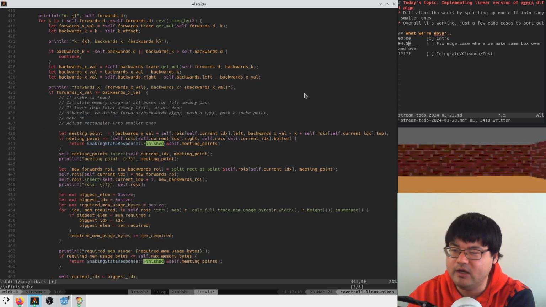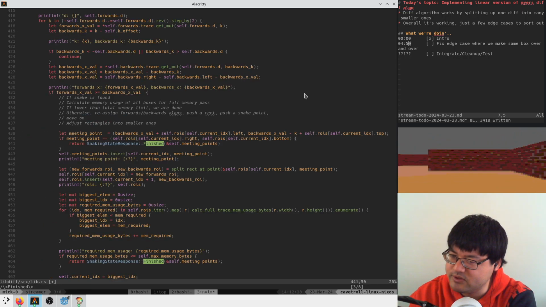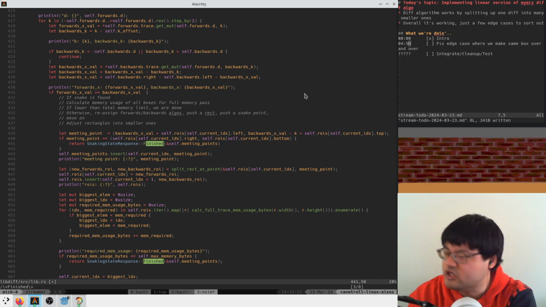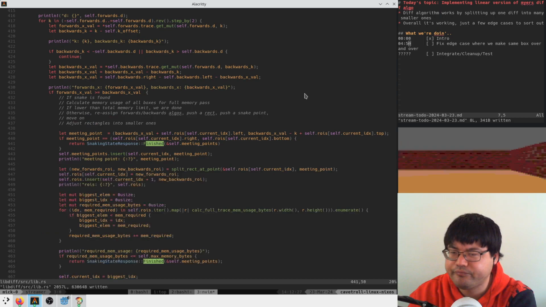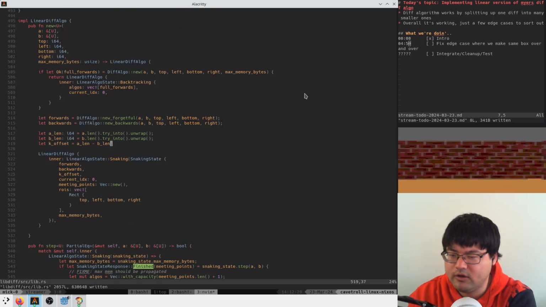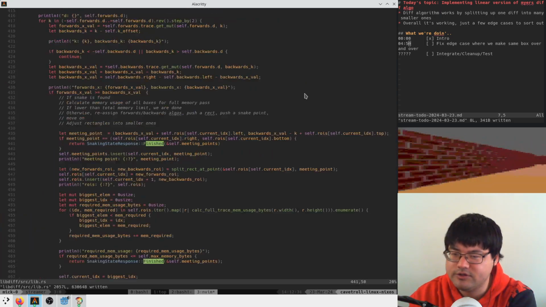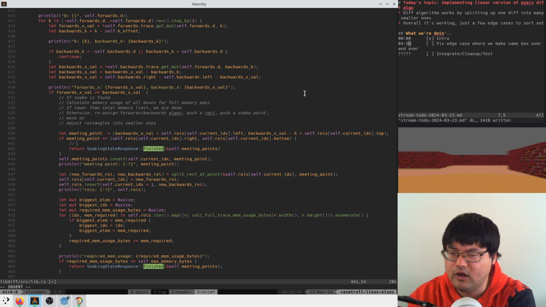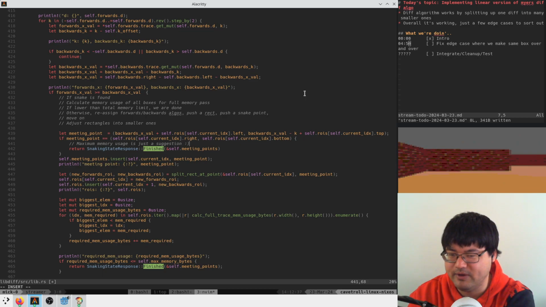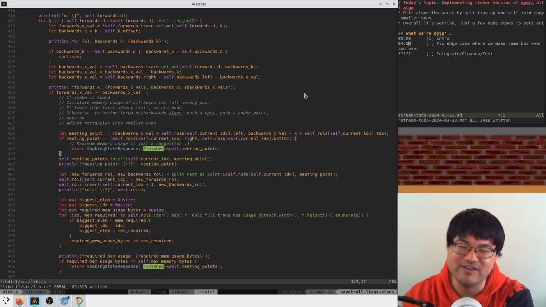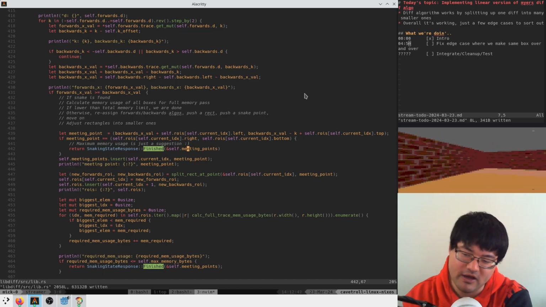Maybe what we'll do instead is we'll consider maximum memory usage a suggestion. I kind of like that. So let's just say here, maximum memory usage is just a suggestion. Smiley face. So if they say, don't go over this and we do it anyways, too bad for them.